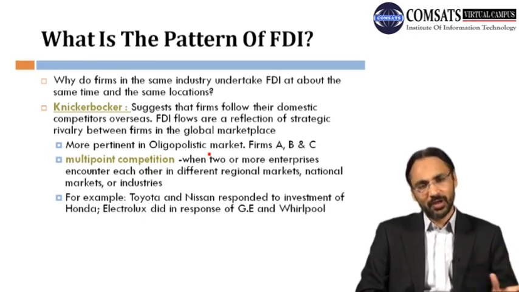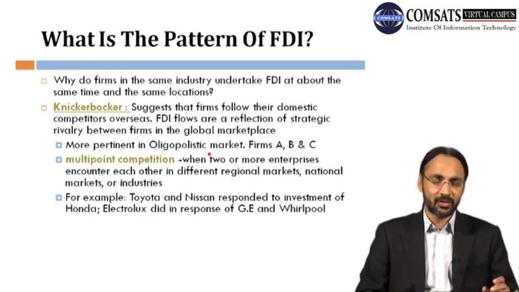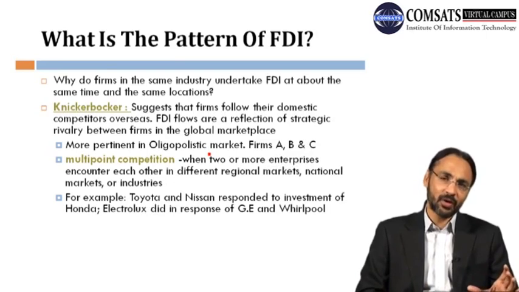This sort of pattern is more pertinent and visible in the oligopolistic market. You are aware of this term: a market structure where 80% of the market control or market capitalization is in the hands of only 2-3 firms.